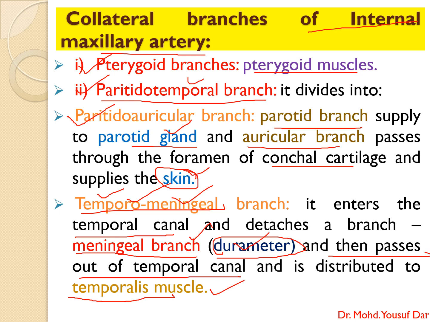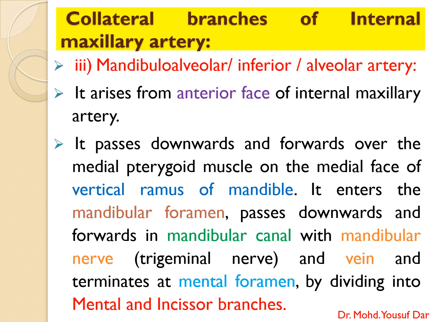So the first was the pterygoid branches, the second was the parotidotemporal branch, and the third is the mandibulo-alveolar branch, which we also call the inferior alveolar artery. It is a collateral branch of the internal maxillary artery. It arises from the anterior face of the internal maxillary artery.